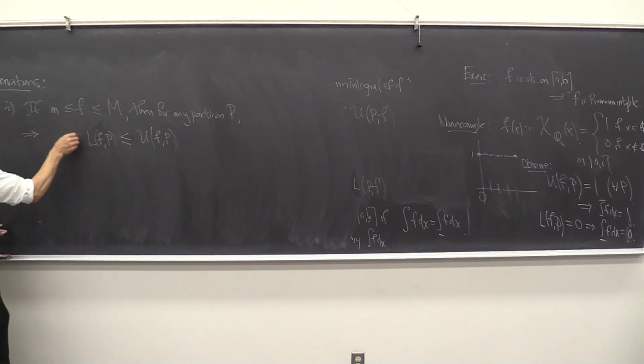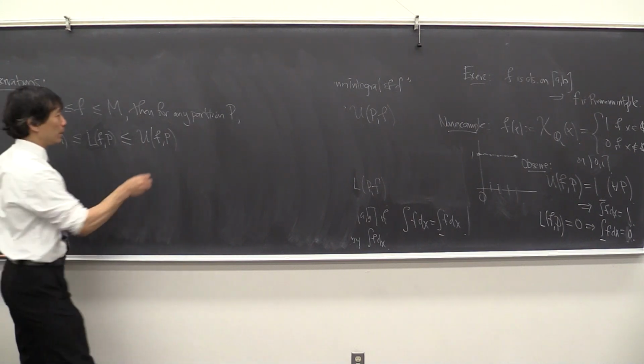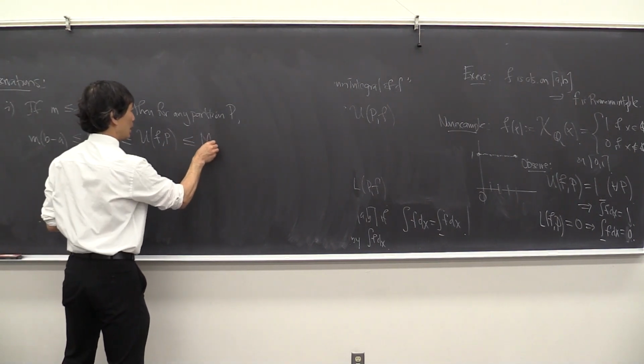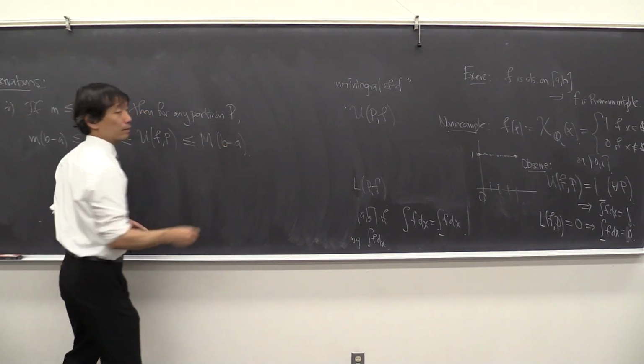And the lower sum is going to be bigger than little m times the width of the base. And the upper sum is going to be smaller than big M times the width of the base.